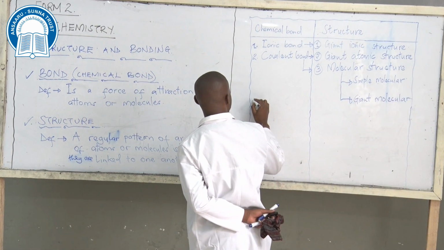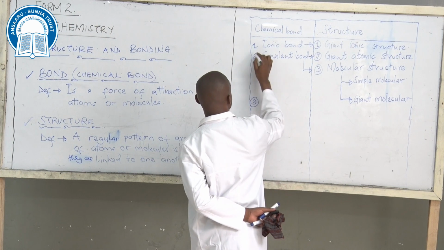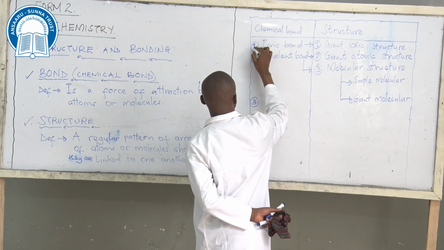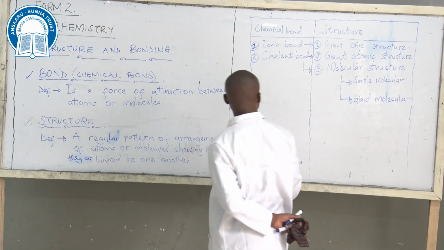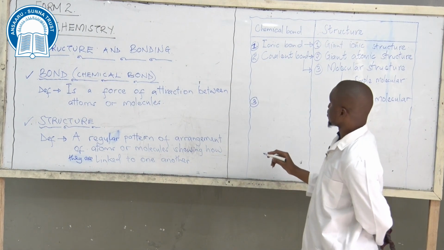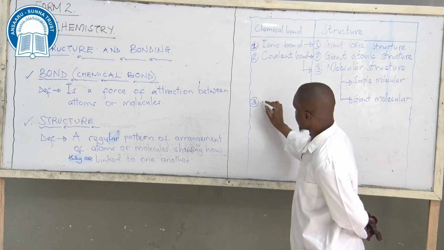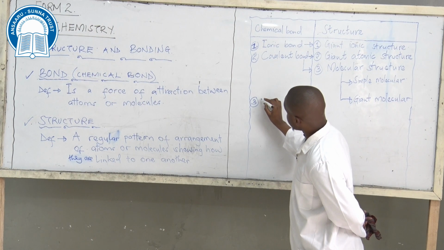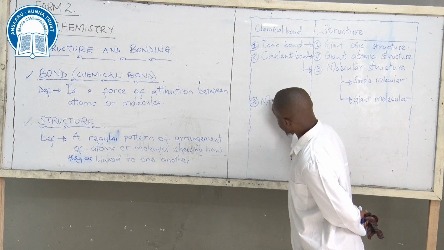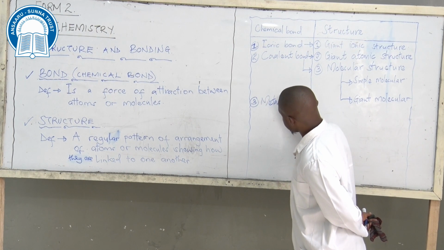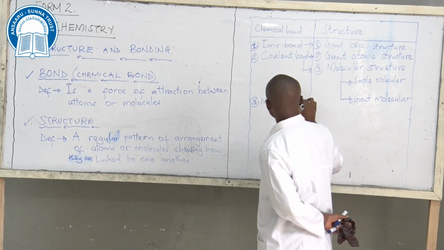Now, for bond number three, this is a special bond, and this bond is metallic bond.